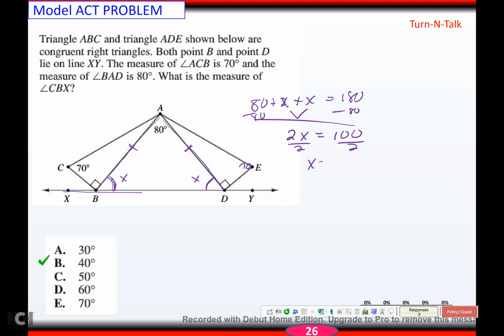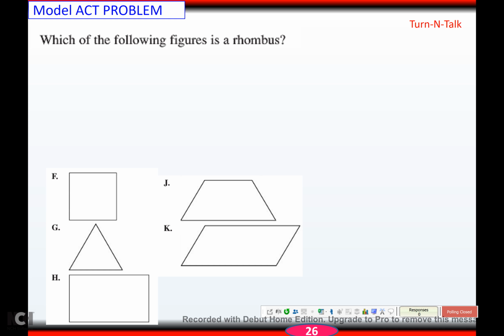Divide by 2, I get x equals 50 degrees. So this has to be 180, take away the 50, take away the 90, and that would leave me 40 degrees for that angle. Okay? Try this one. Hit pause. Come back when you're ready.